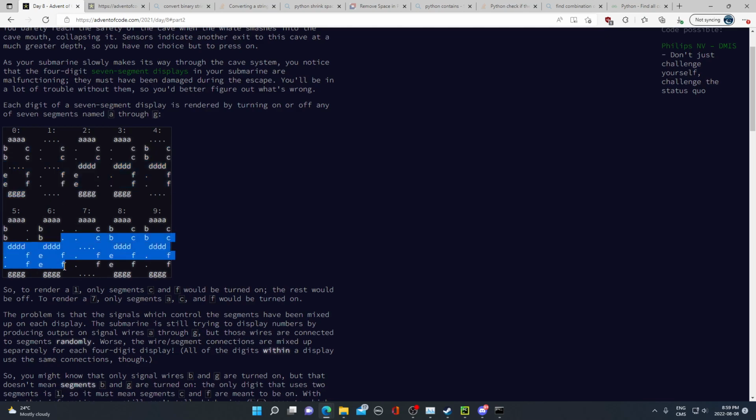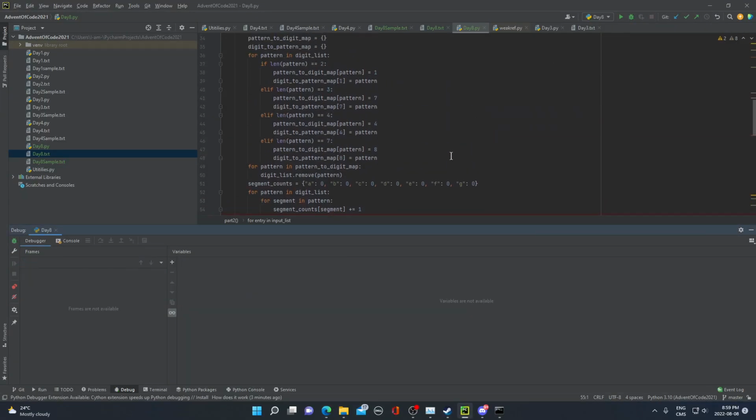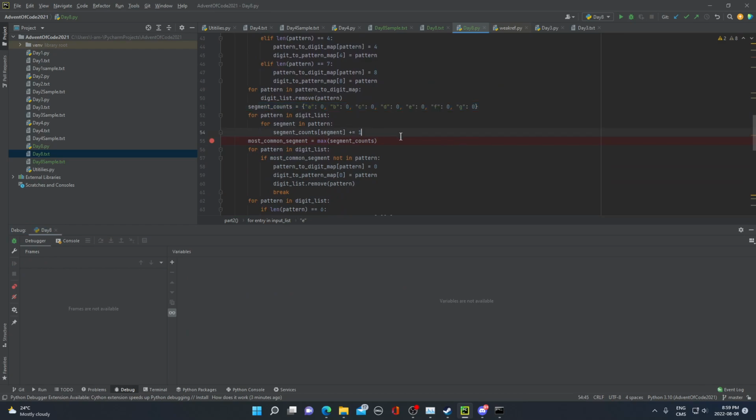If 1 does not exist, then it's 6. And if 4 exists, then it's 9. And the remaining is 0. Okay. I think this is a much cleaner way of doing it than counting everything.